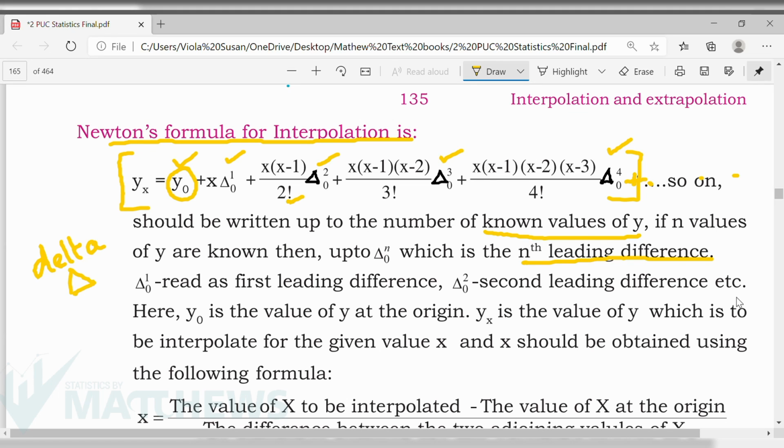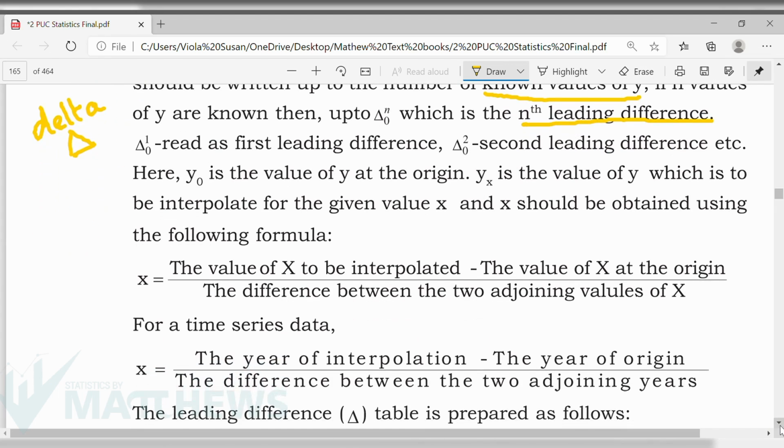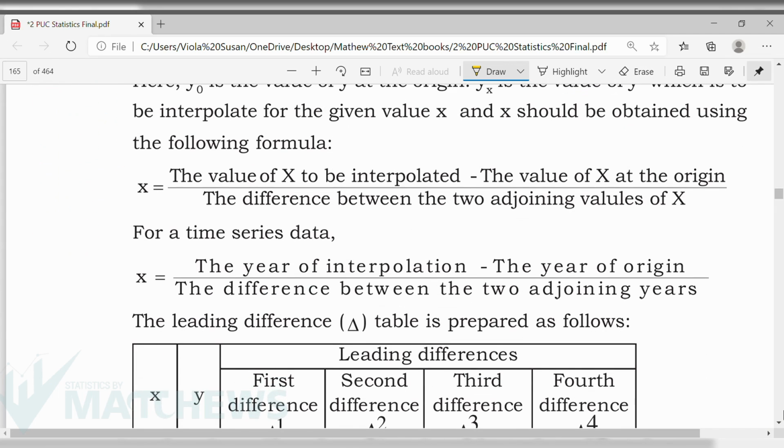Now x. To find out x, students, there are two cases that we need to understand. Whenever you come across a simple set of data, that is raw data x and y, and you have to find the value of y for x = 25, that means the value of x to be interpolated is 25 here, minus the value of x at the origin.